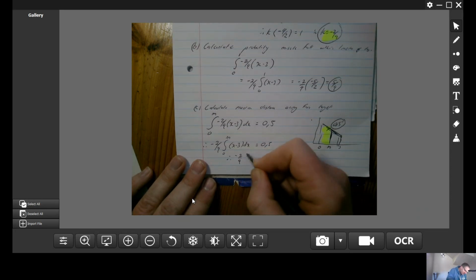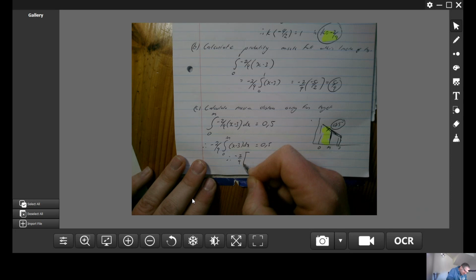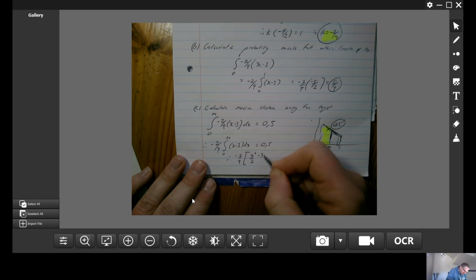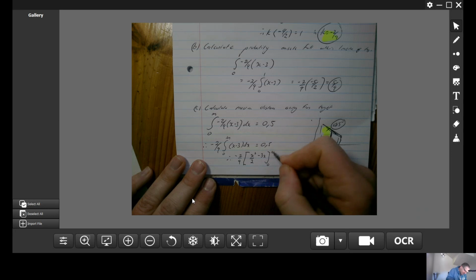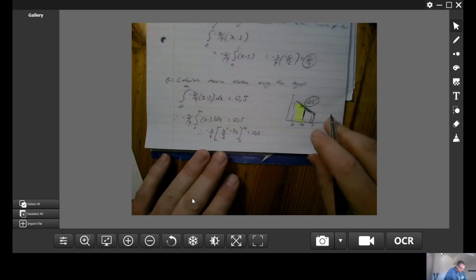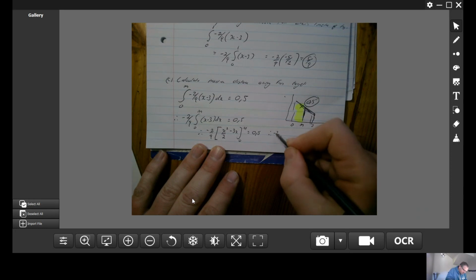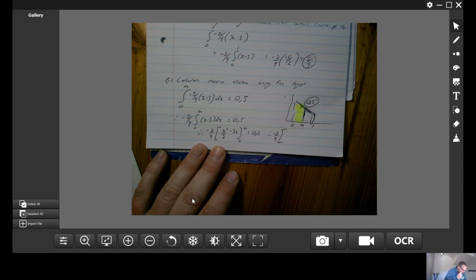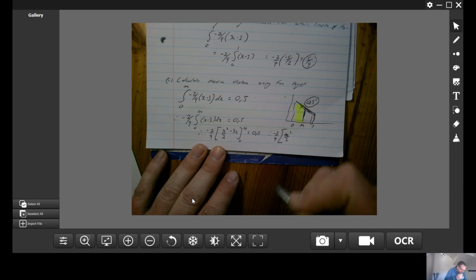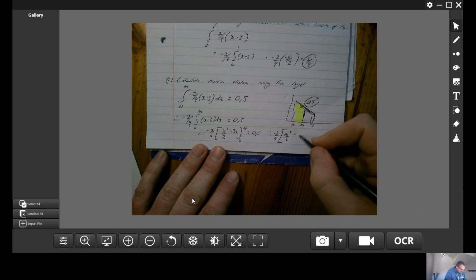So it's going to be negative 2/9. The integral is going to be x squared over 2 minus 3x between 0 and m, and that must be equal to 0,5. So I've got negative 2/9 all times by subbing in m, m squared over 2 minus 3m.